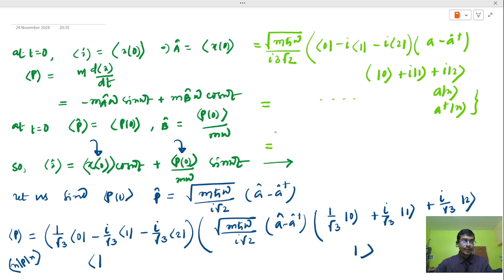You just act and find the value to match with this result here, i 3 root 2, i plus root 2 plus i minus root 2.